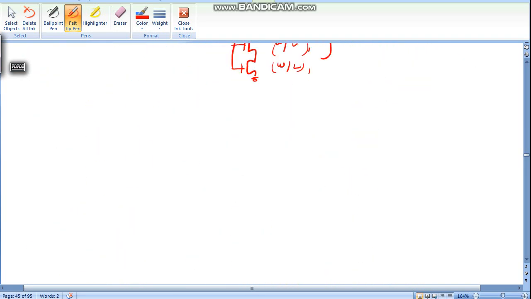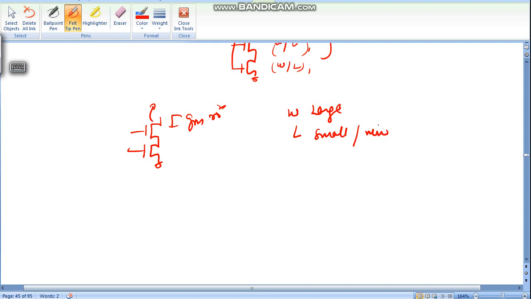Output impedance: we have two devices in cascode now, so it will be gm ro squared. How to size the cascode device? In the previous video I told you we should have large W and small or minimum length.